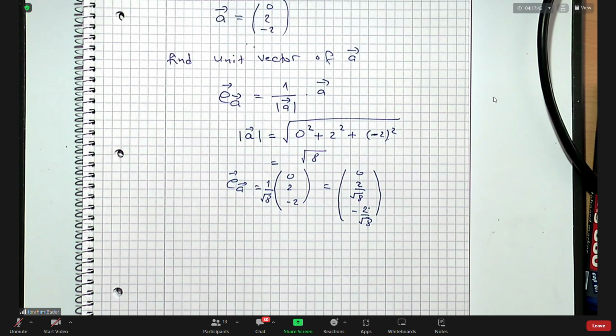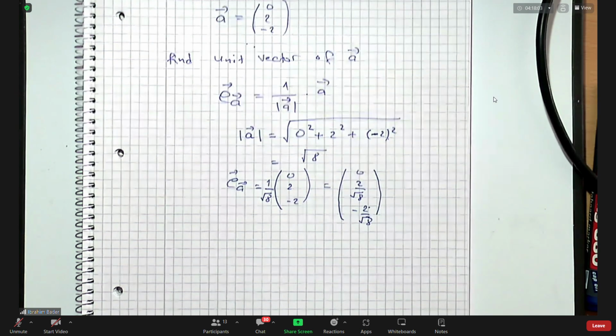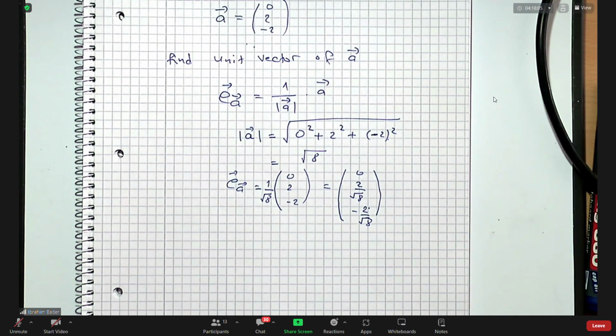Can you write it as a decimal? So no one got to some conclusion? Okay, I give you a couple of minutes to discuss it. I don't know whether you will be getting a definite answer.